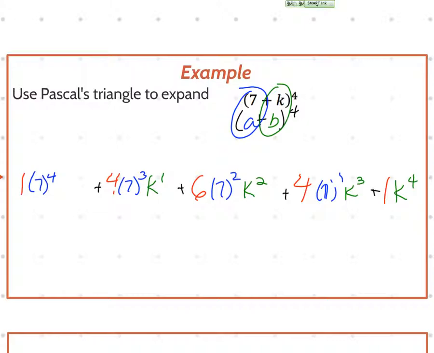Now after that, you do want to simplify your coefficients, so we always have to remember PEMDAS. Do your exponents first, and then multiply. 7 to the 4th power is a rather large number.